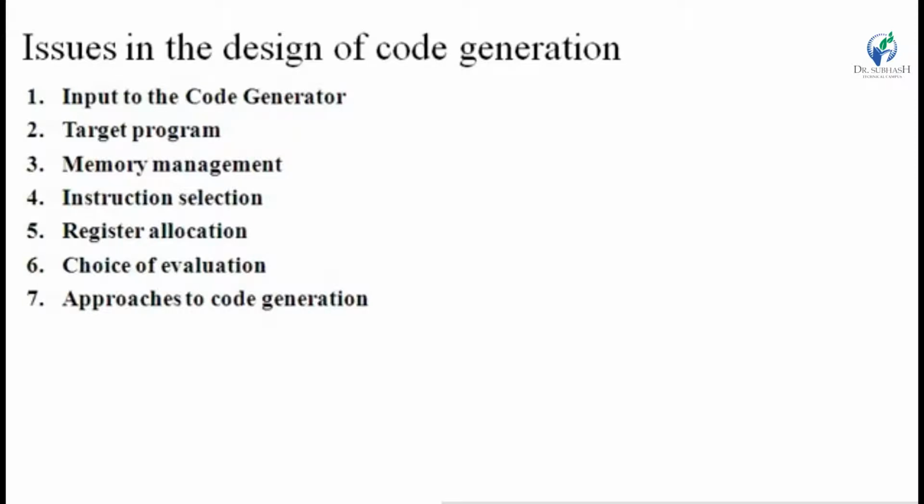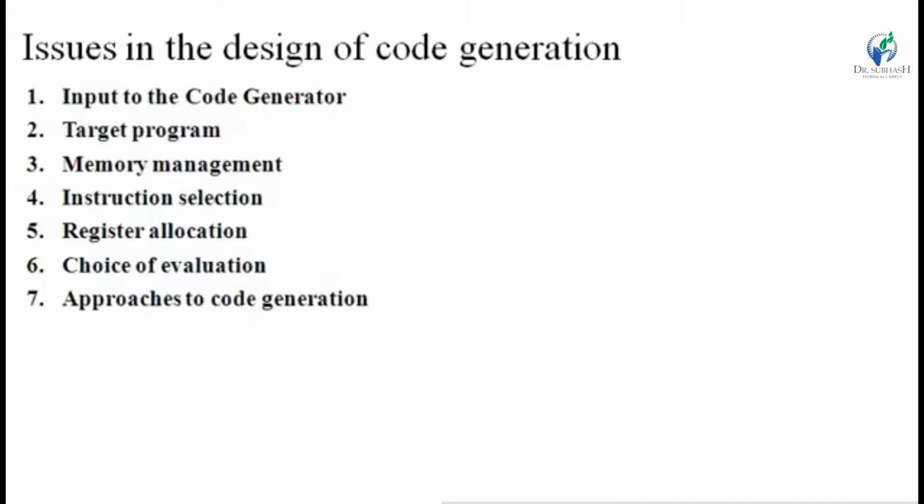During register allocation, we select the set of variables that will reside in registers at a point in the program, and during a subsequent register assignment phase, we pick the specific register that a variable will reside in. Finding an optimal assignment of registers to variables is difficult. Mathematically, that problem is NP-complete.